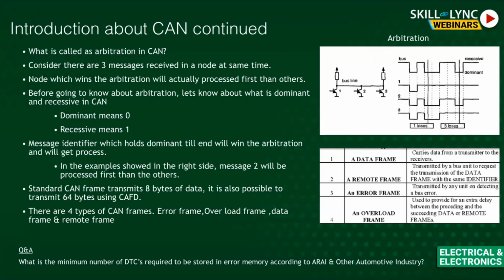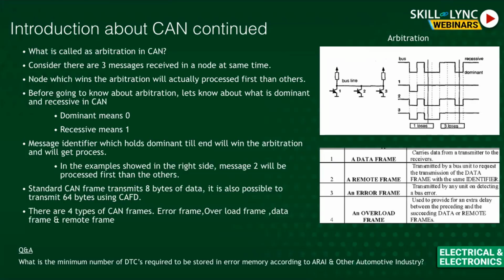Let us see, after the first bit, messages 1, 2, 3 are there, right? In the first bit, if you see, all three are going down, all the message identifiers are going down. No one wins, no one loses. In the second bit, you see the first message has a recessive edge, not the dominant edge.